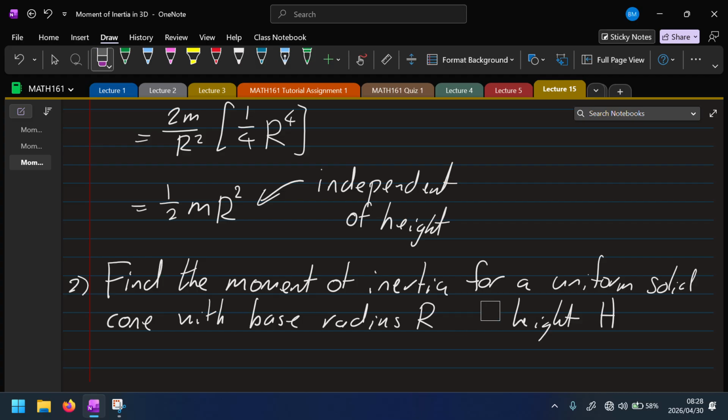Well, mass m, but that's height h and mass m. Okay, so find the moment of inertia of the shape.